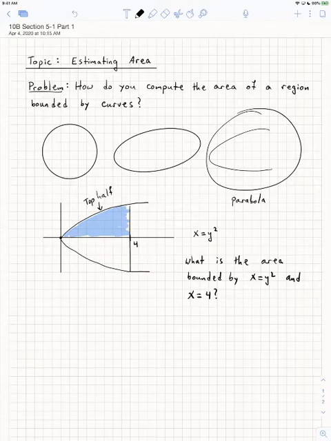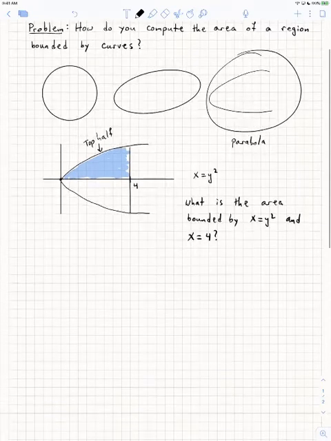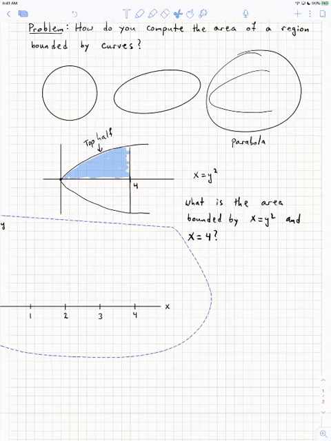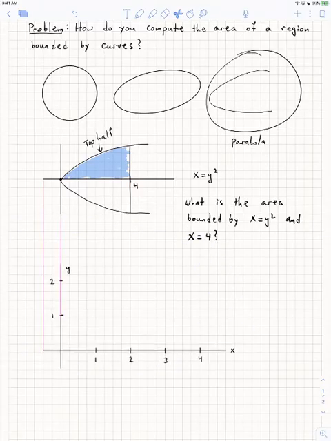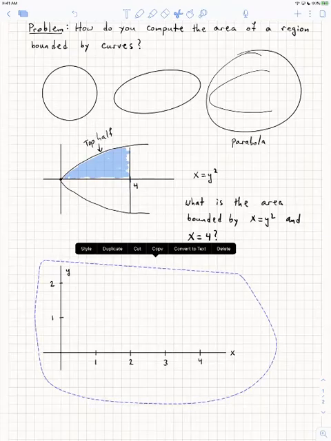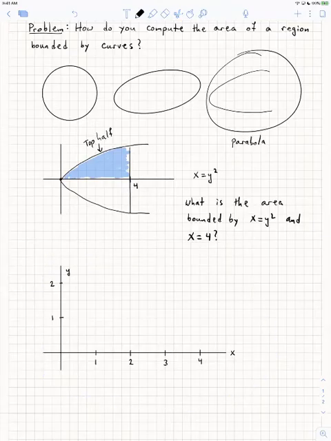Let's redraw this, maybe make it a little bit bigger so that we can see a little bit more detail. Now, as it happens, I have an XY plane here that we can use. I want to graph this parabola from x equals 0 to x equals 4, or at least the top half of the parabola.